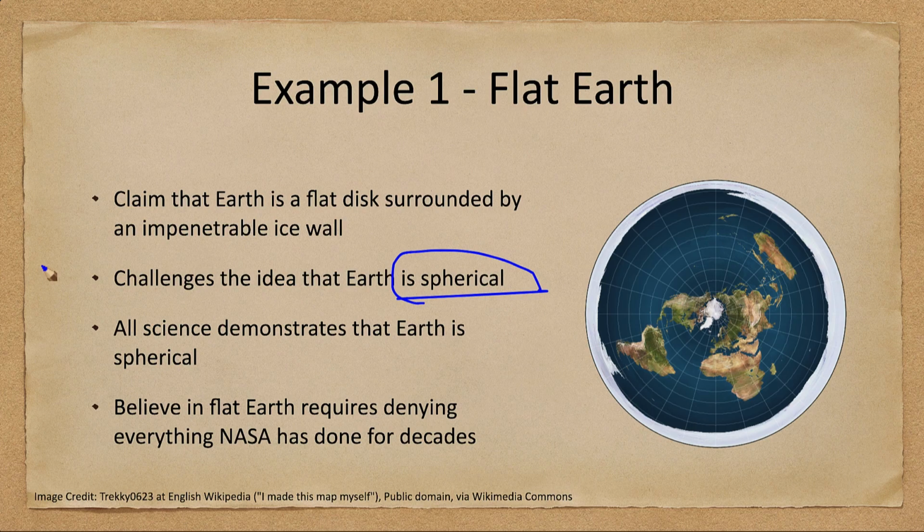It's been believed since the early Greeks, who could tell that the Earth was spherical from a number of different methods. The flat Earth claim is that no, the Earth is flat instead, the sun is a lot closer, and the Earth is surrounded by an impenetrable ice wall around the edge, which is Antarctica. So there's the North Pole at the center, and the continents that we know.